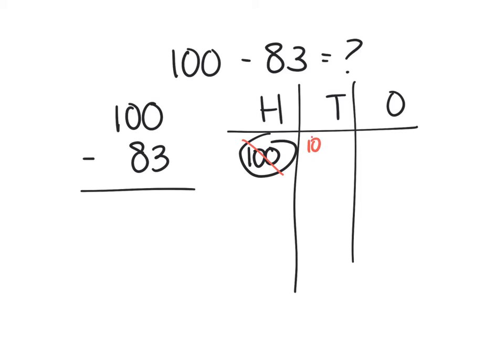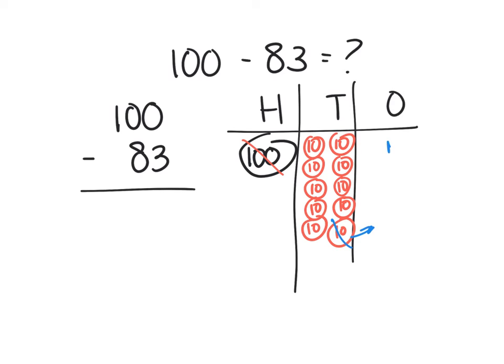So I have 10, 20, 30, 40, 50, 60, 70, 80, 90, 100. Okay? And I know I'm going to have to break apart a 10 to go into my ones place. 1, 2, 3, 4, 5, 6, 7, 8, 9, 10.